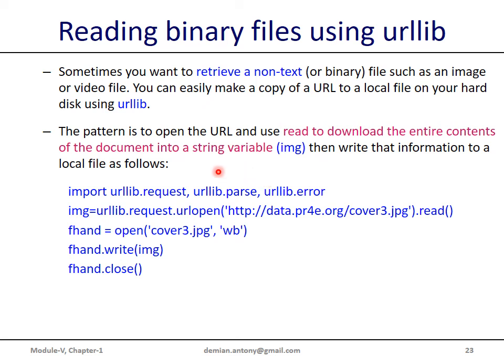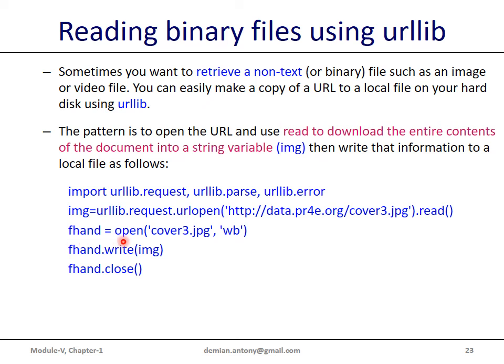Let us say we want to access an image from the remote site. We have to use this library, import urllib.request, and open the site resource cover3.jpg and read all the contents and put it in a string.